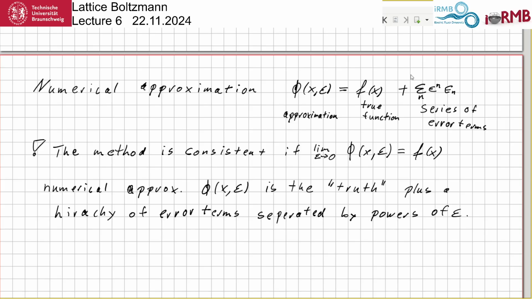If our approximation is always the truth plus a series of error, then it should be possible to write everything that comes out of our analysis, for example the moments, in a series just like this.